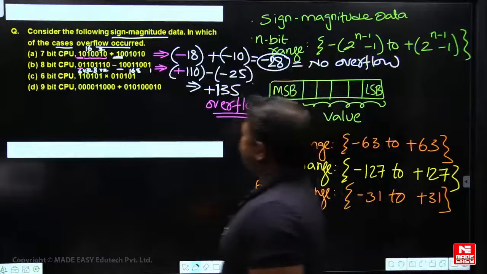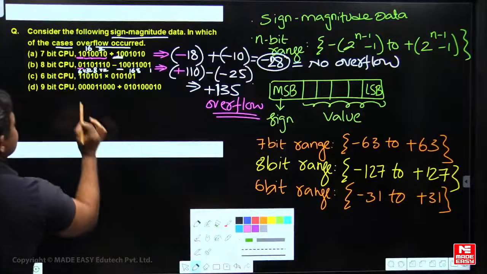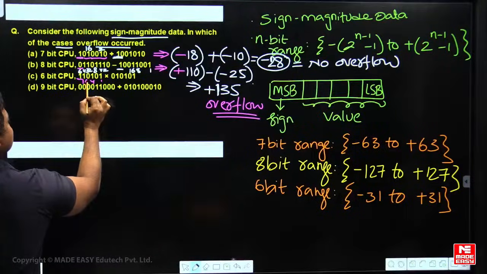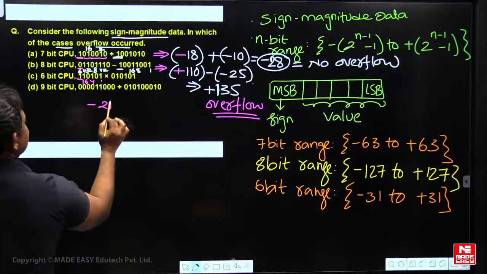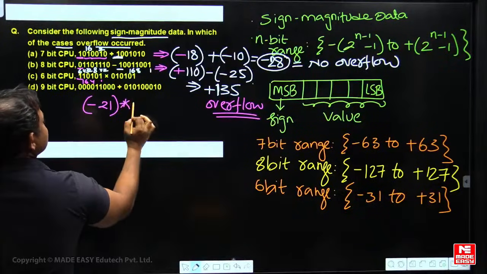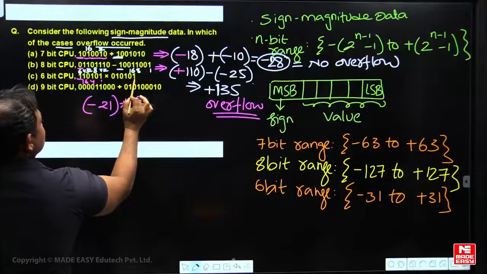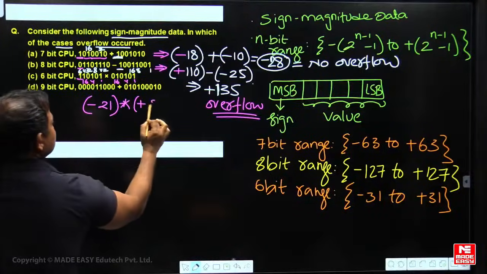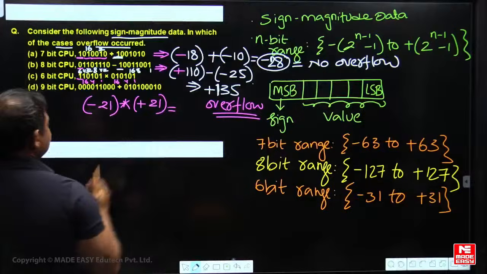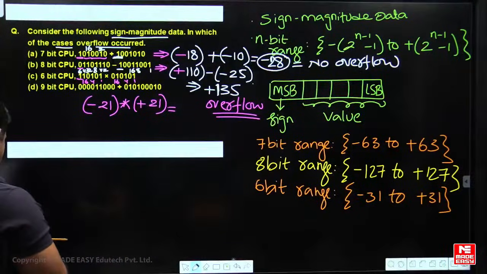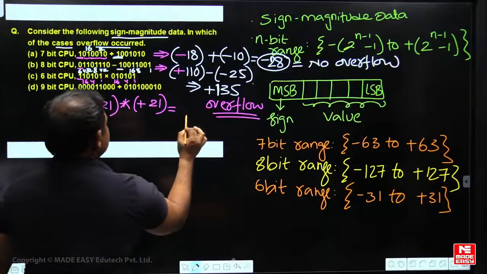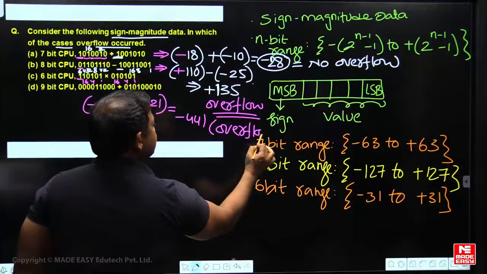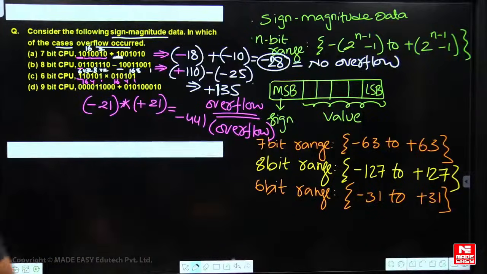Now here the data given: the MSB bit, then the bit weights 1, 4, 8, giving +21, and the other part is -20 into +21, that is 21 into 21, yes 441. This is also overflow. Here also overflow is satisfied.